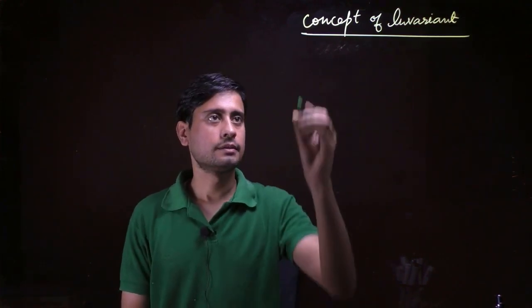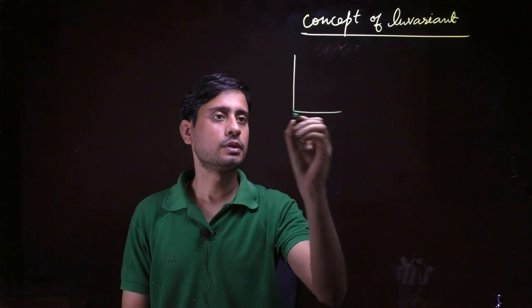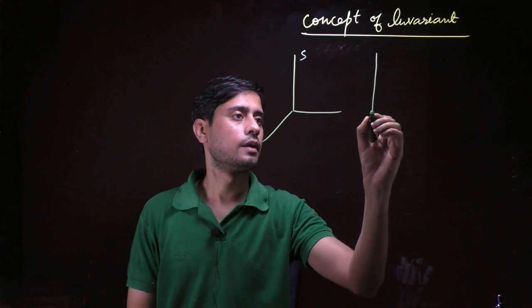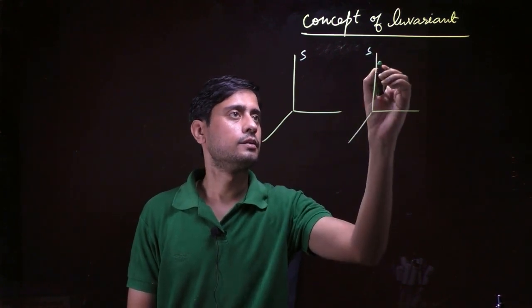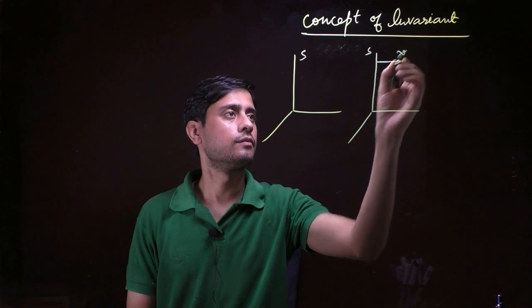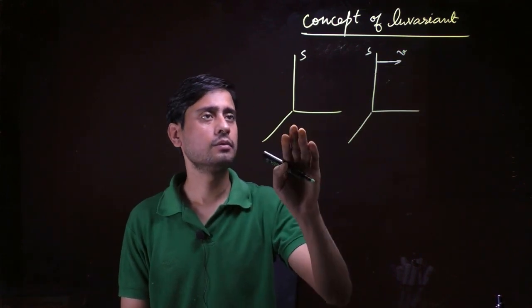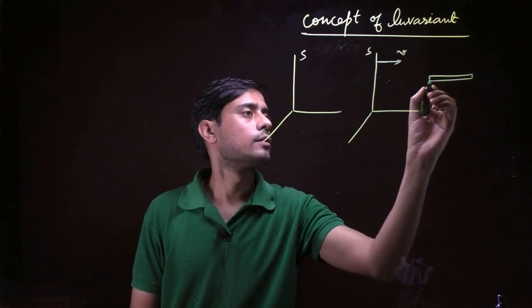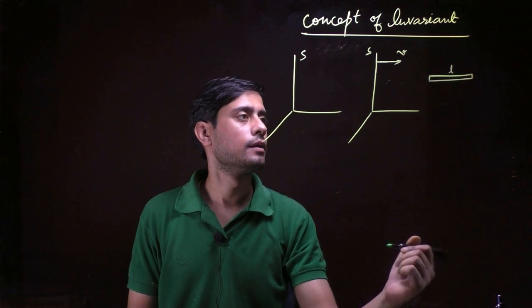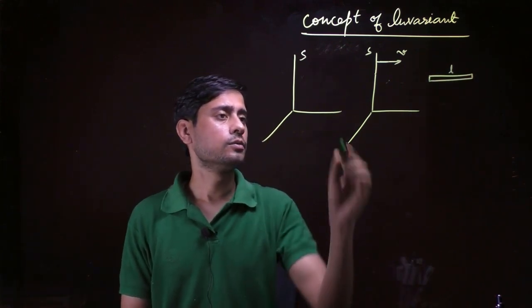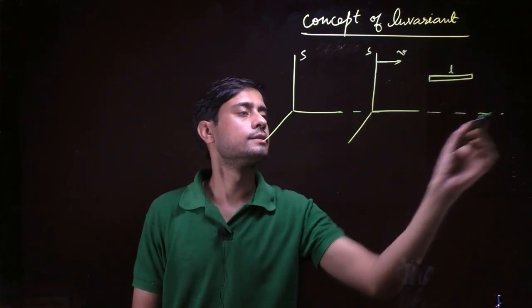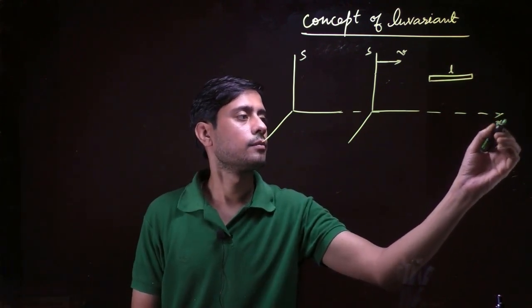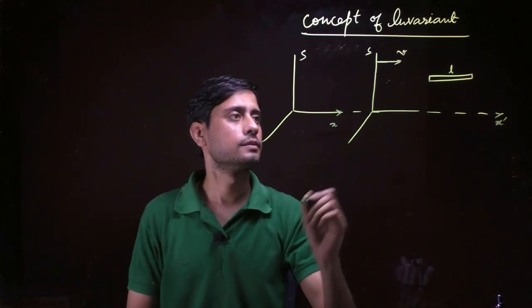To understand this, let's imagine 2 coordinate systems: S, and another system S prime, which is moving with a velocity v with respect to S. Now consider a rod whose length is L and which is parallel to the common x-axis. So this is the x prime axis, this is the x axis.